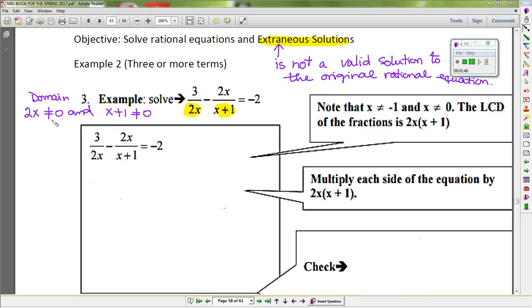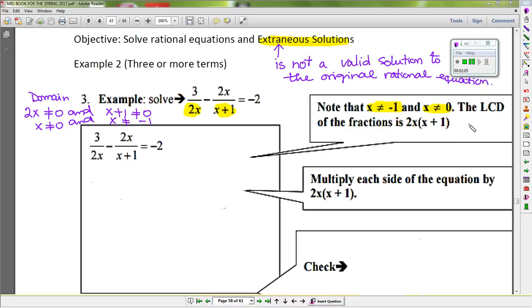Then you solve for x. Therefore x cannot be equal to 0 because you divide both sides by 2, and x cannot be equal to -1. That's what I put right here: x cannot be equal to -1 and x cannot be equal to 0.